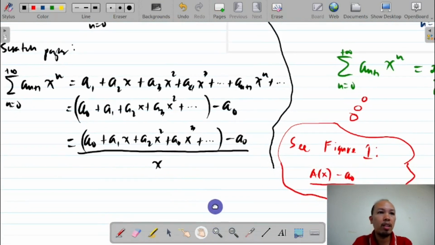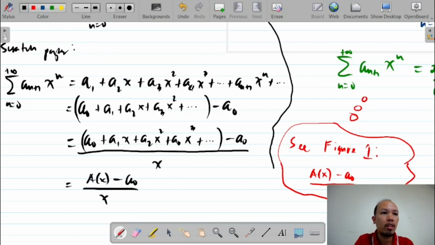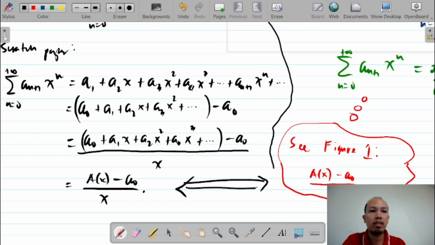So what happened here is that we express our given to a of x minus a sub 0 over x. So these two are equivalent, no?